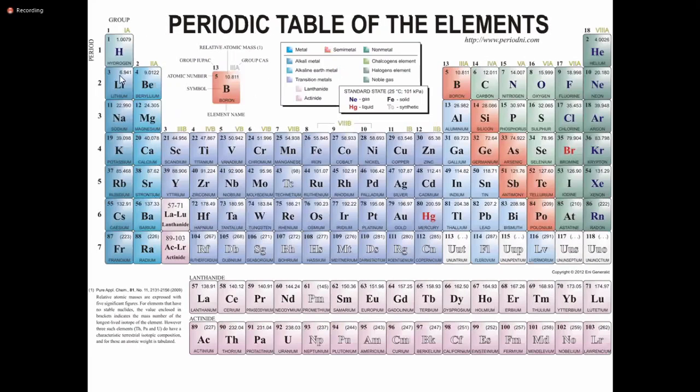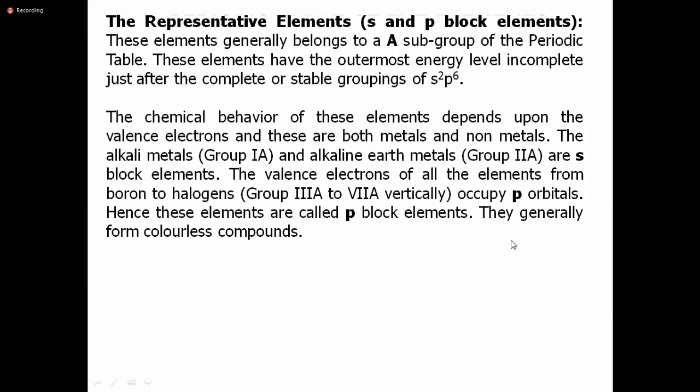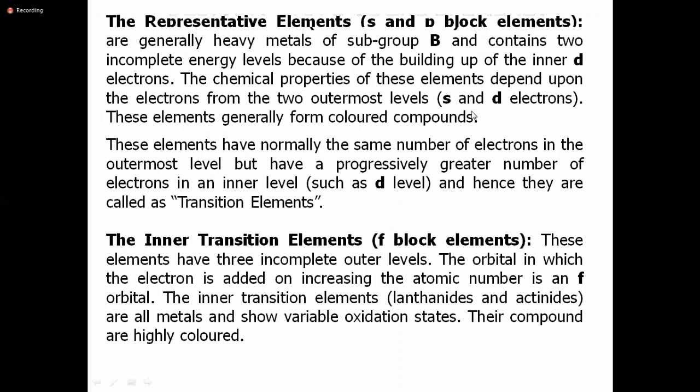In the periodic table, these two groups are S block elements, and these groups are P block elements. The P block elements are basically non-metals with some metallic characteristics sometimes, and these two groups are purely metals, the alkali and alkaline earth metals. How about the transition elements or D block elements?